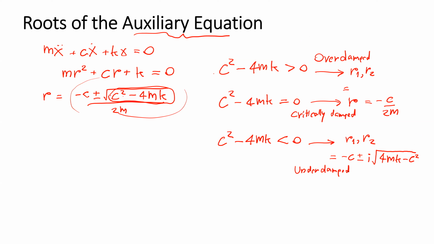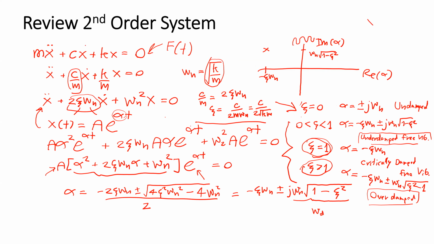Please don't confuse underdamped free vibration with undamped free vibration. In undamped free vibration, the real part is 0, and we just have simple harmonic vibration, with no damper in the system. But if we have a damper in the system, we have the damping ratio.